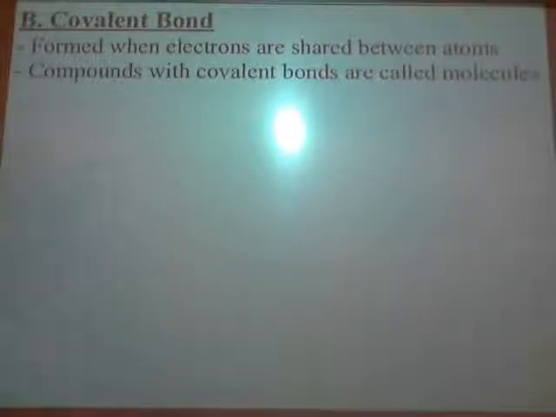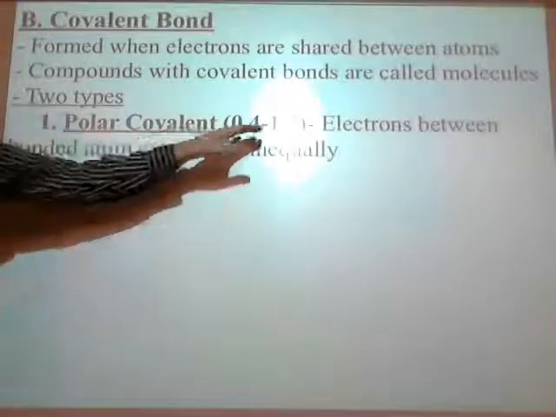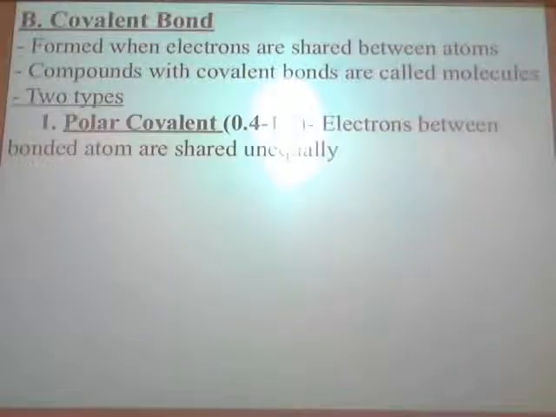Okay. Now, as I told you, there are two types, and I already kind of illustrated them both with the tug of war analogy. Polar covalent, and we already got these numbers down yesterday, the day before, whatever. 0.4 to 1.7 is going to be classified as polar covalent. If it falls right on a borderline number, which it won't, but if it does, you have to remember, these are just cutoff points.